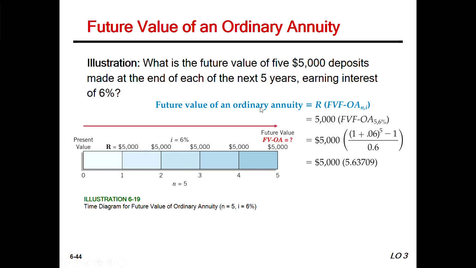So what is the future value of $5,000 deposits made at the end, so there's our ordinary annuity, of each of the next 5 years, earning interest of 6%? All right, let's see if we can calculate this using our table.